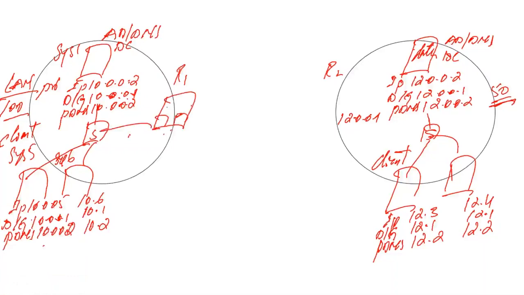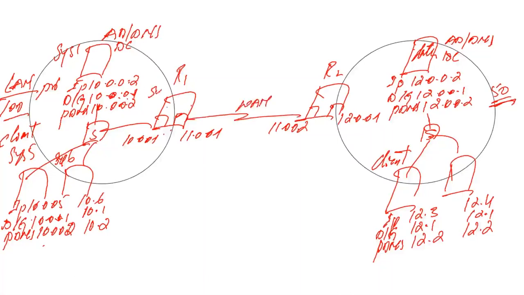One is connected to this one, IP is 10.0.0.1. This IP is 11.0.0.1. And here we need one router. This interface IP is 12.1, and this interface IP is 11.0.0.2, connected via WAN. That is our system 2. We are making router 1. Right now system 2 is not our router, it is a normal machine.